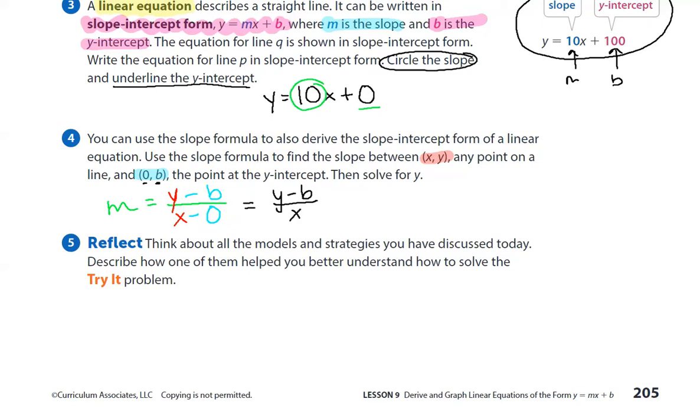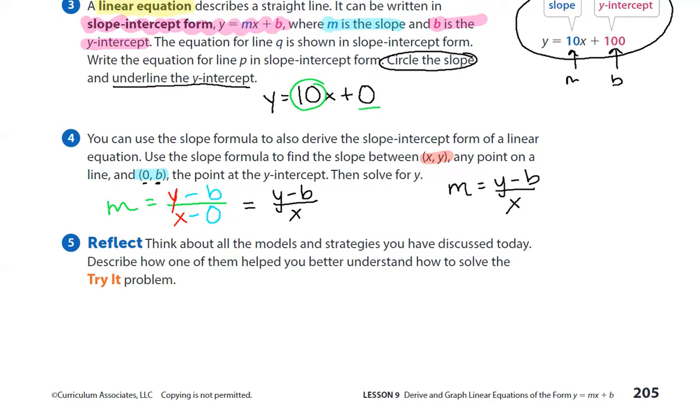Now, in order to get this x out from under the y and b, I need to multiply both sides of my equation. So I need to rewrite my equation over here to keep it tidy because I don't want to mess you up. So here's my equation currently. M equals y minus b over, it was x minus 0, and I just simplified it to just x.